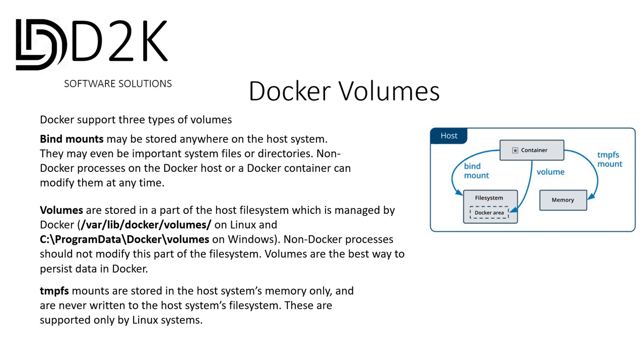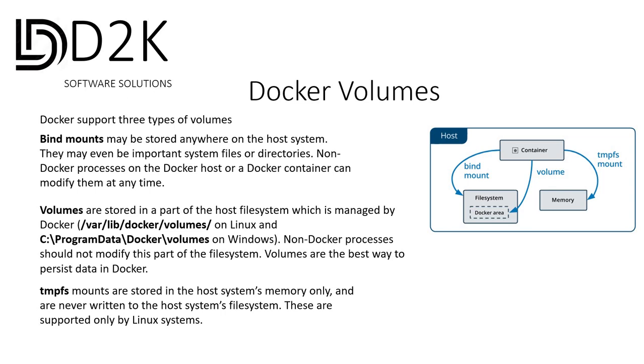They may even be important files or directories. Non-Docker processes on the Docker host or Docker container can modify them anytime. So when you create a directory to store the Docker files, non-Docker processes can access, modify or delete them, which will impact the application in the container. That is one drawback.